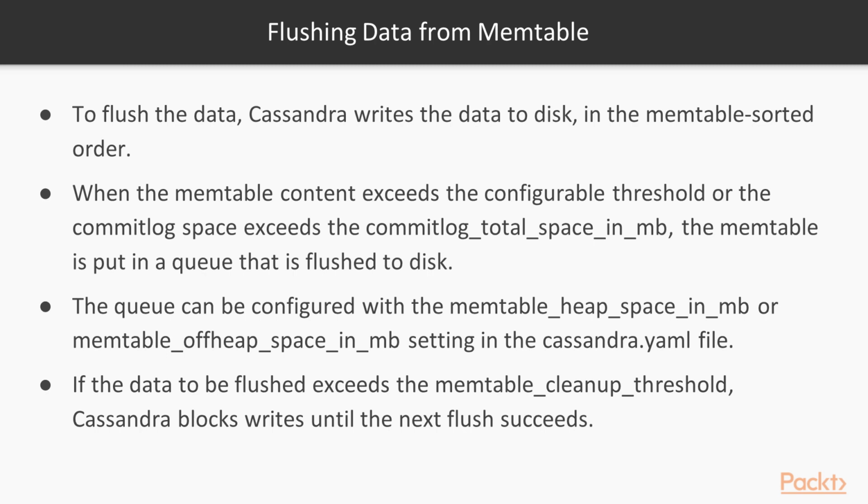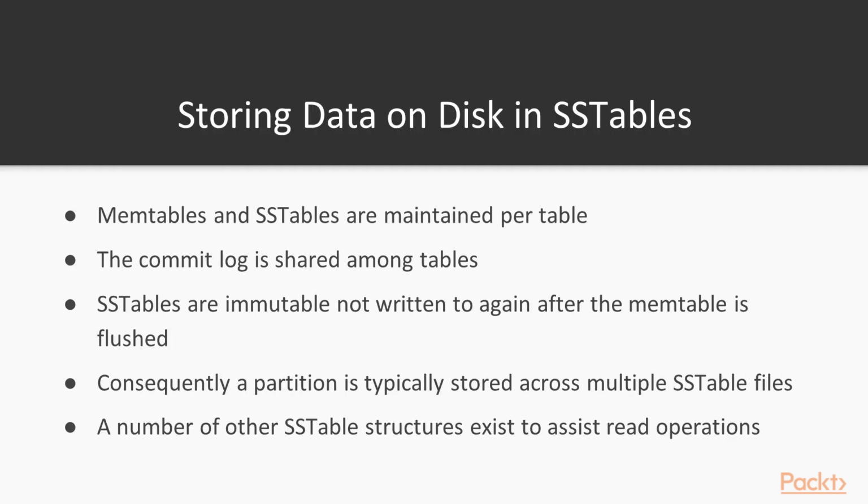The queue can be configured with the memtable_heap_space_in_mb or memtable_offheap_space_in_mb settings in the cassandra.yaml file. If the data to be flushed exceeds the memtable cleanup threshold, Cassandra blocks writes until the next flush succeeds. It is very important to remember that memtables and SSTables are maintained per table.